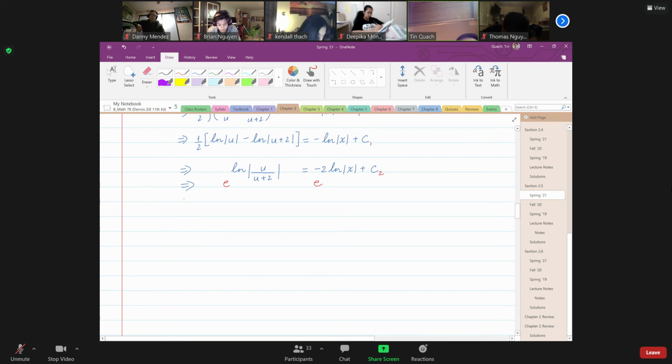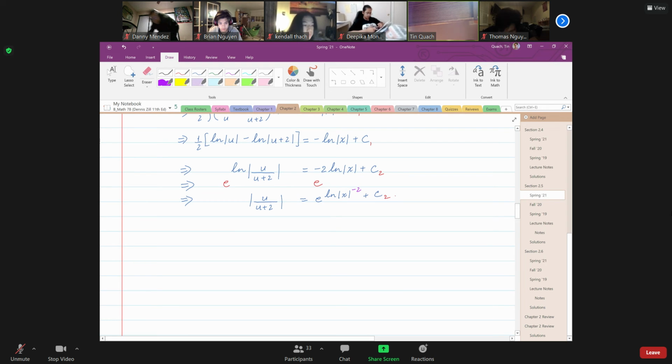On the left-hand side, you have the absolute value of u over u plus 2. On the right-hand side, I can rewrite that by writing the negative 2 inside, plus c sub 2, and they are still in the exponents.